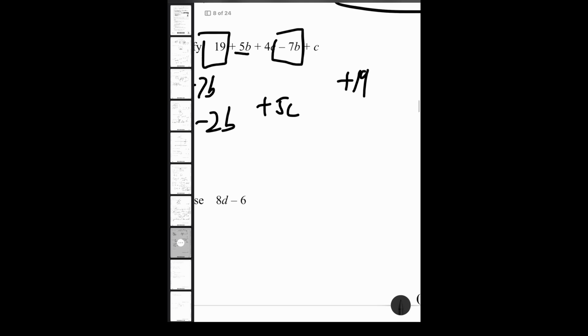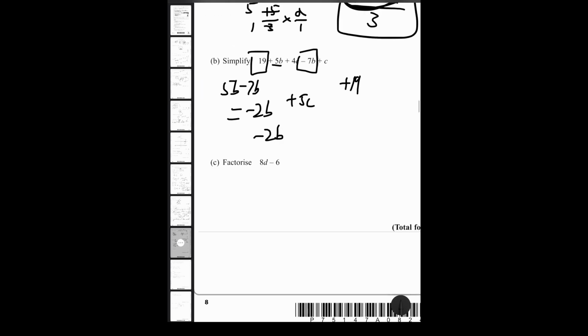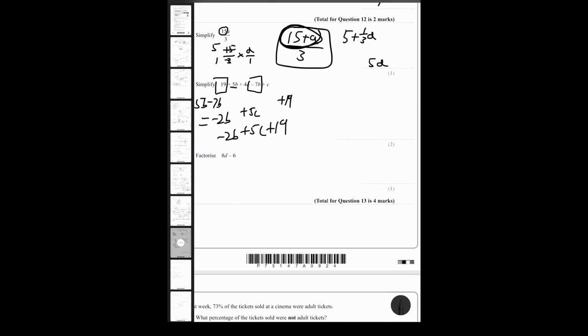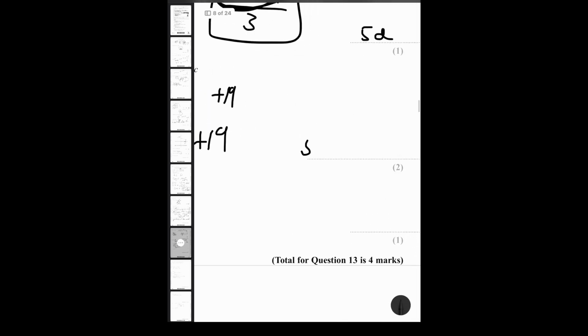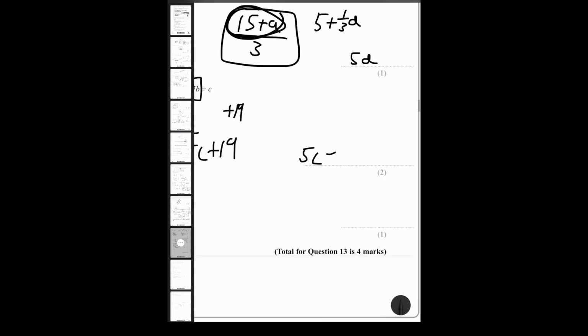So negative 2b plus 5c plus 19. Or if you want to make it look neater, it would be 5c minus 2b plus 19.